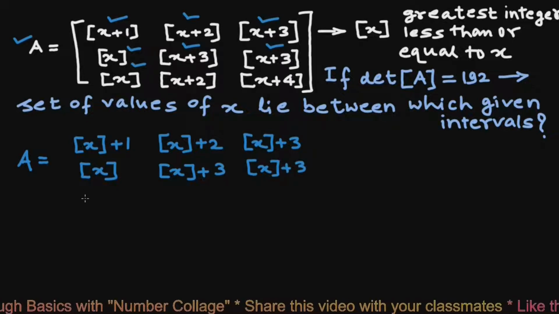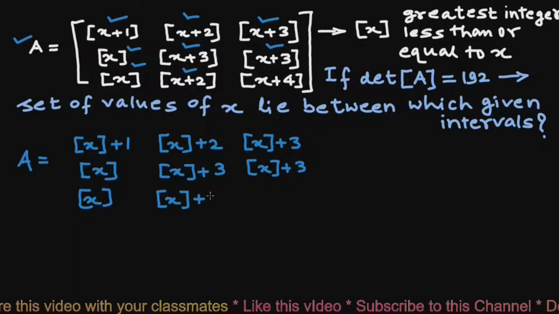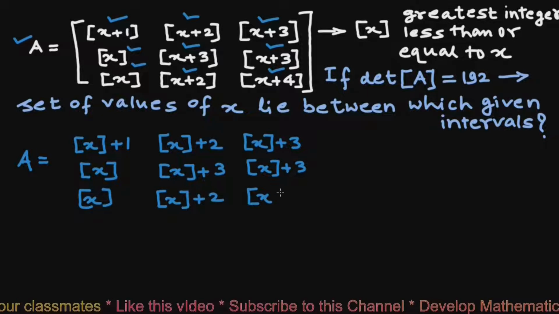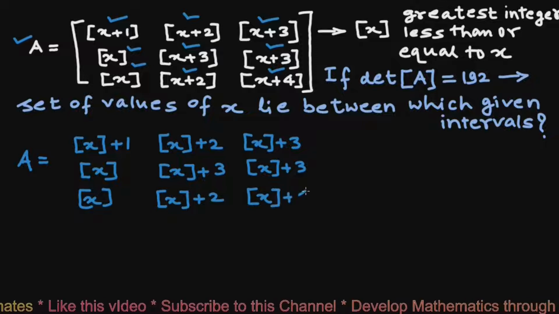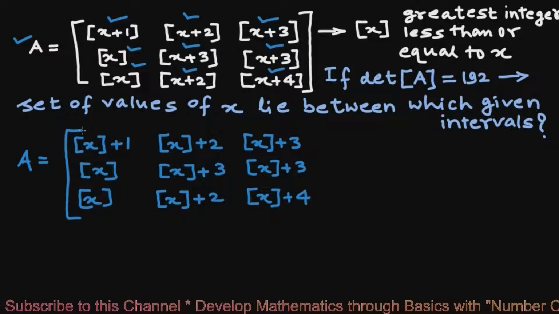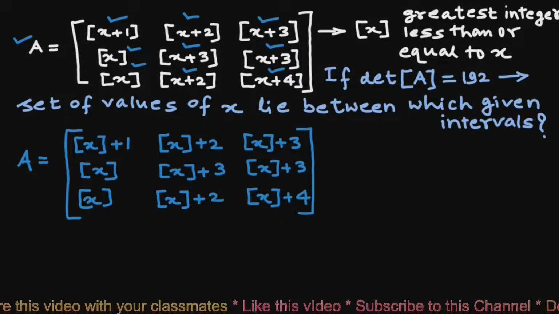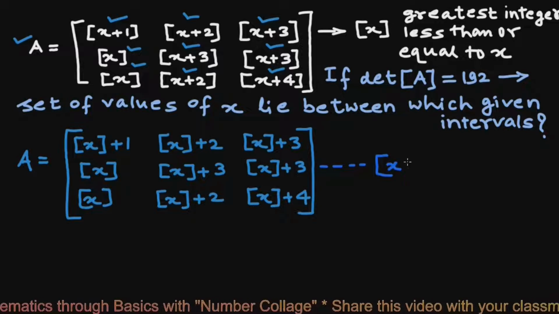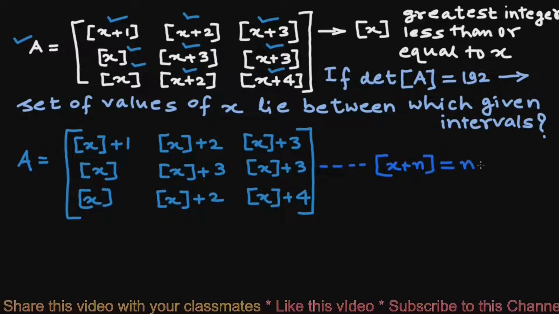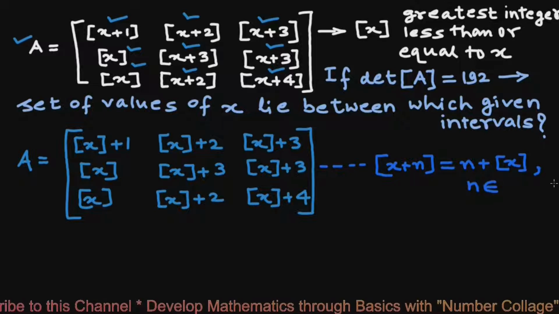This will remain as it is. This will be greatest integer x plus 2, and this greatest integer x plus 4. And this we have written according to the definition of the greatest integer function, because we know that greatest integer x plus n is n plus greatest integer x, where n is an integer.